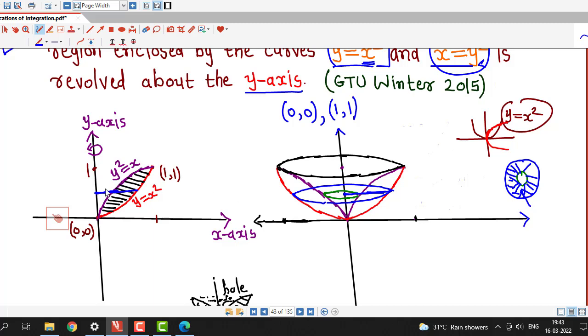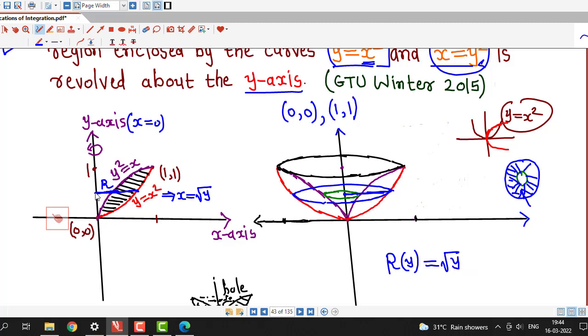So this is the outer radius, and we denote it by capital R. So capital R is the distance between the y-axis and this parabola y equal to x square, which we can rewrite as x equal to square root of y, and the y-axis means x equal to 0. So this distance is square root of y minus 0, that is square root of y.